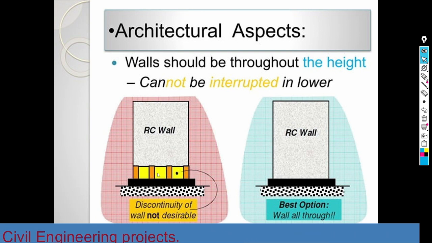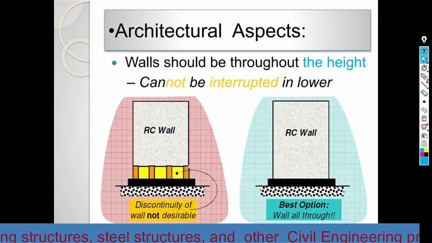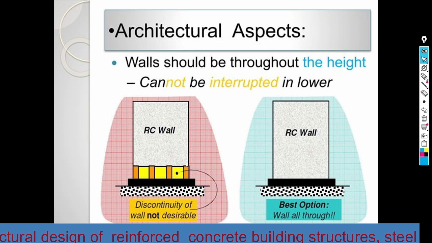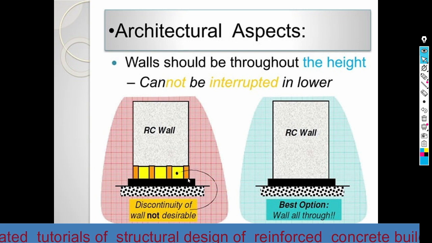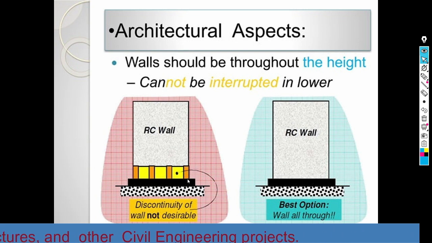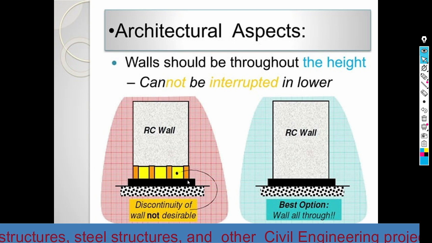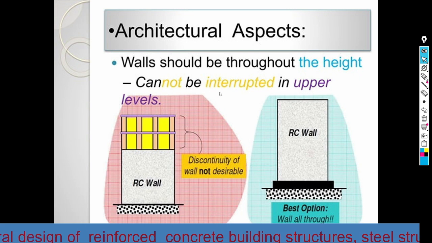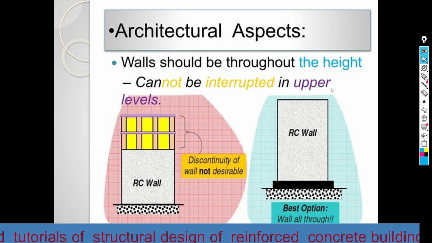Here the shear wall starts at this level and ends at this level. It is not advisable to use such kind of provision. So this shear wall must be extended up to the base of the foundation. Walls should be throughout the height, and cannot be interrupted in the upper portion.